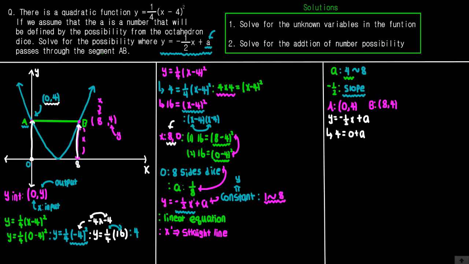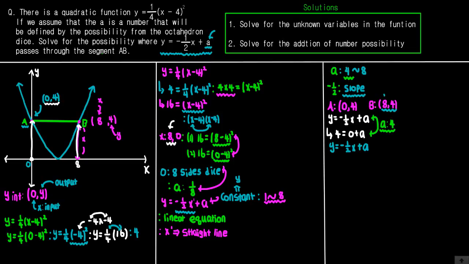And if you think about the second case, we could figure out here that the a value should be at least 4, which is going to be our minimum value of a. And for the second number possibility, the reason it should pass through B is because from our original function, y is equal to negative 1 over 2x plus a, the point B is the case where the x value is equal to 8 and the y value is equal to 4.